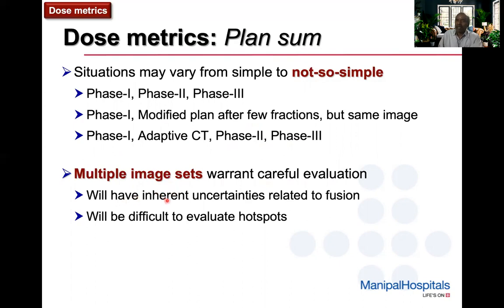They will have inherent uncertainties related to fusion. So when you are using the plan sum, you have to be careful about all these points, and it will be very difficult to evaluate the hotspots, because fusion will result in certain uncertainty, and in the presence of uncertainty, it will be very difficult to evaluate the hotspots. You have to consider all the possibilities before you accept a plan sum.